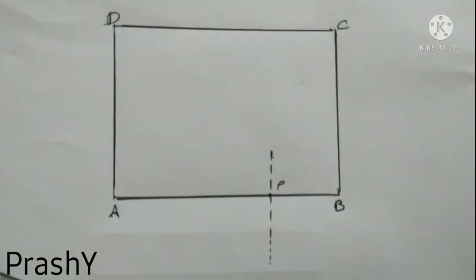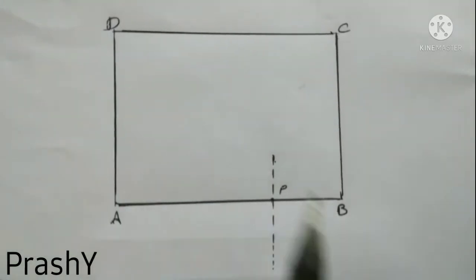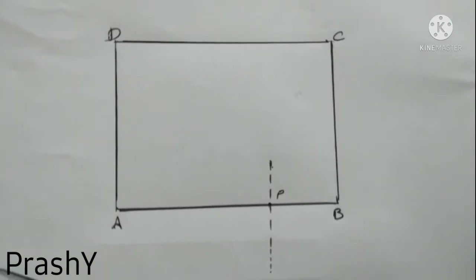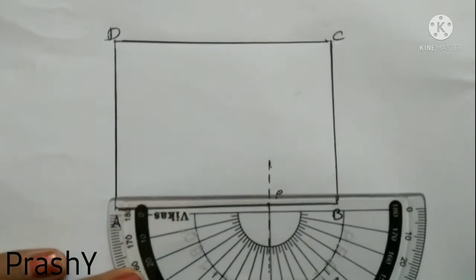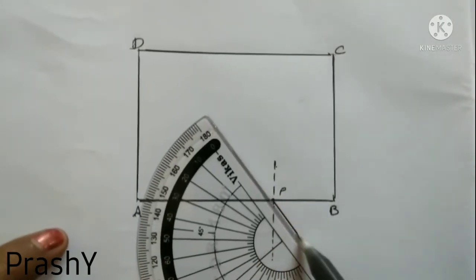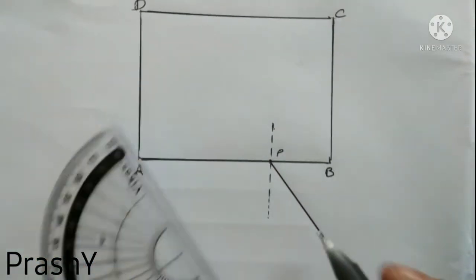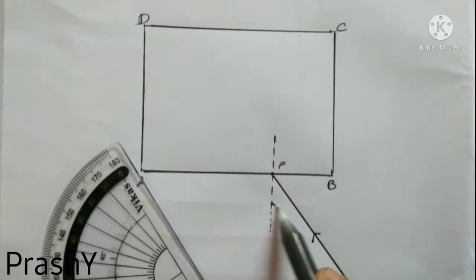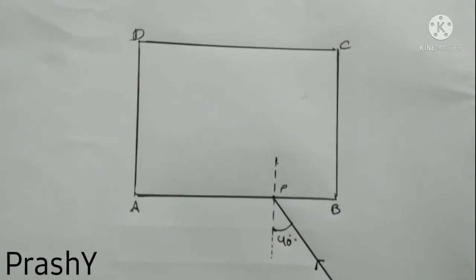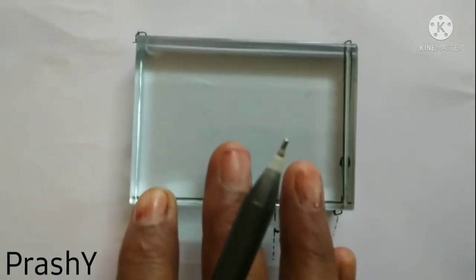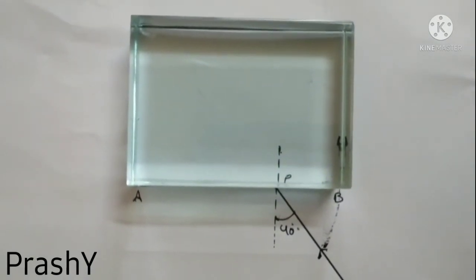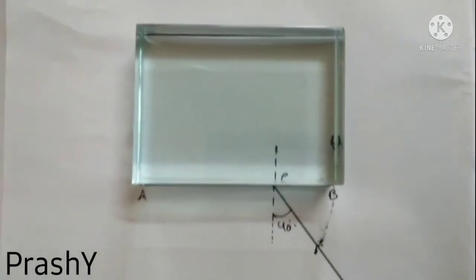Again repeat the same process of tracing the outline of the glass slab, and at a point P draw a perpendicular line and mark an angle of 40 degrees. This will be our incident ray and the angle of incidence is 40 degrees. Now place the glass slab and pass the laser light along the incident ray.